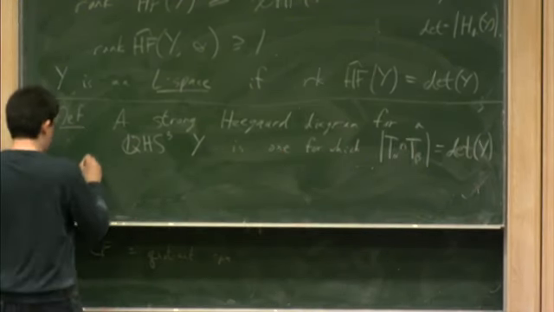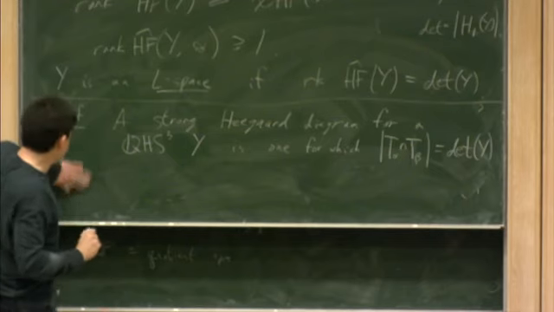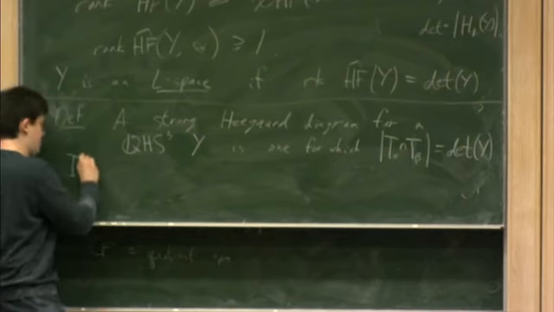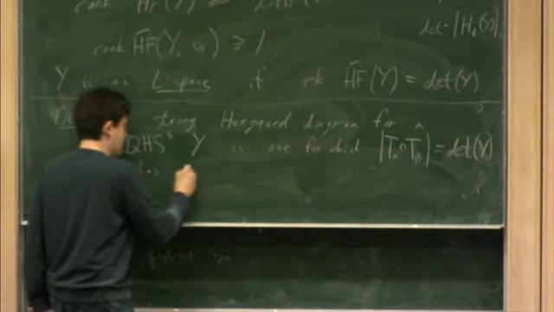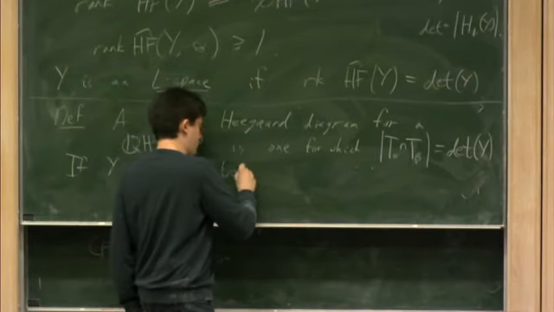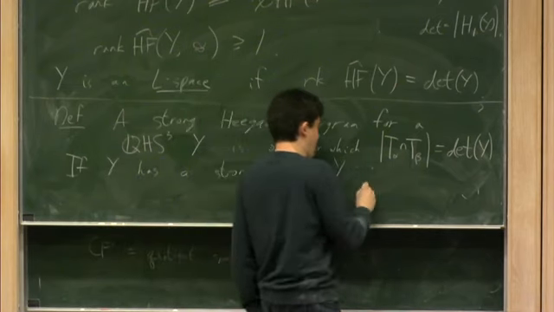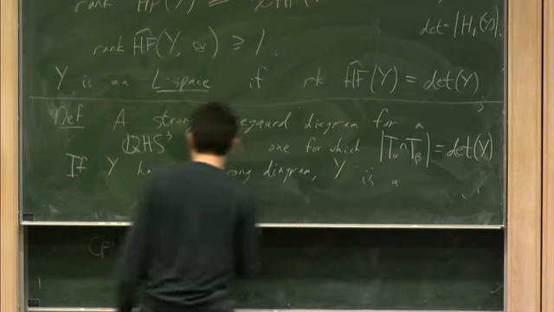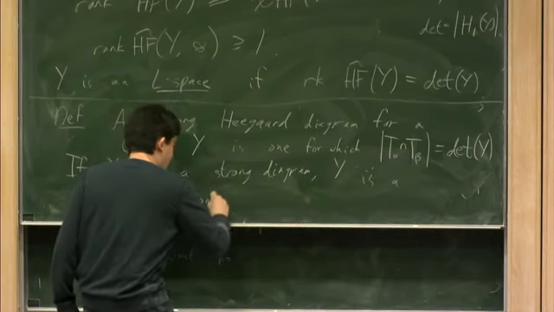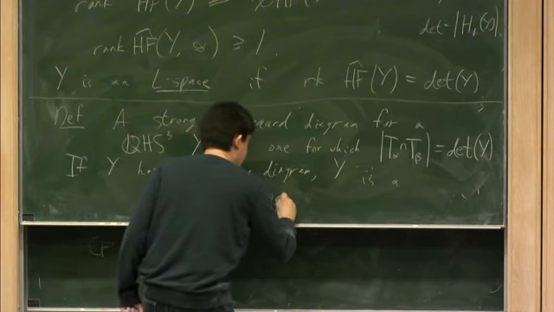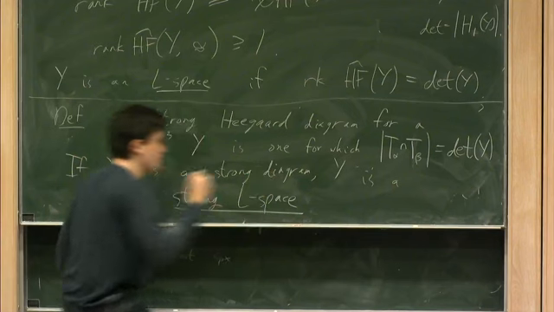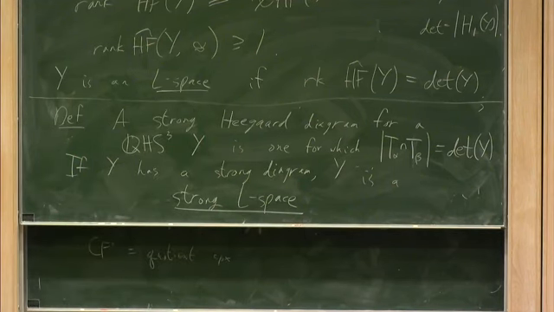Okay, and so immediately, if Y has a strong diagram, we call it a strong L space. So this is the idea of being an L space on the chain level.